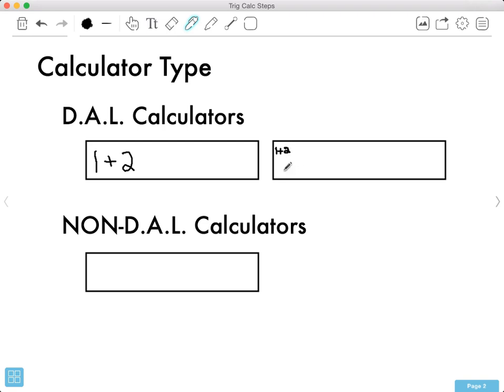If you can see the plus sign after you type the plus, you have a DAL calculator. For the rest of this video, you're going to follow the instructions for a DAL calculator.